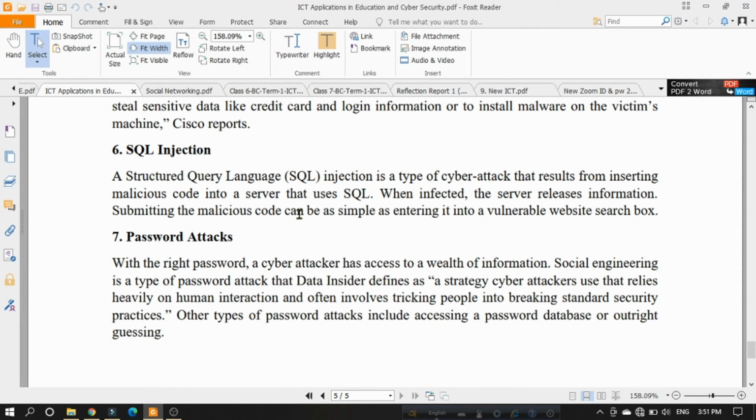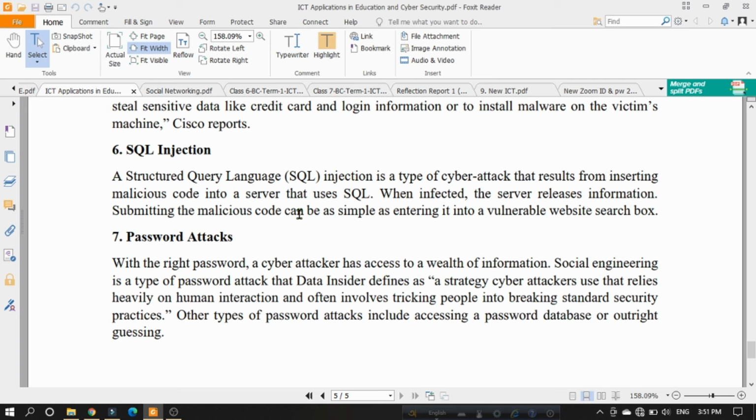Number 6, SQL injection. Structured Query Language, SQL injection, is a type of cyber attack that results from inserting malicious code into a server that uses SQL. It's one type of injection.